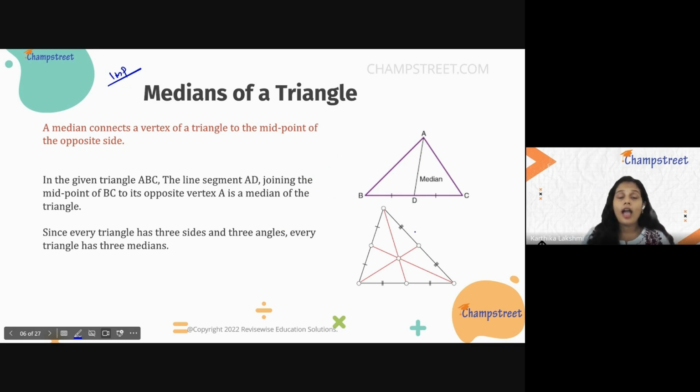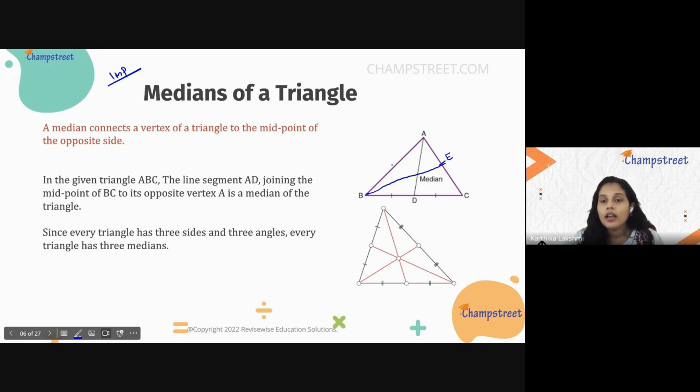And a triangle has three vertices, right? So I can find the midpoint of AC and name it E, maybe. Then connecting the opposite vertex B to E, BE is also a median.